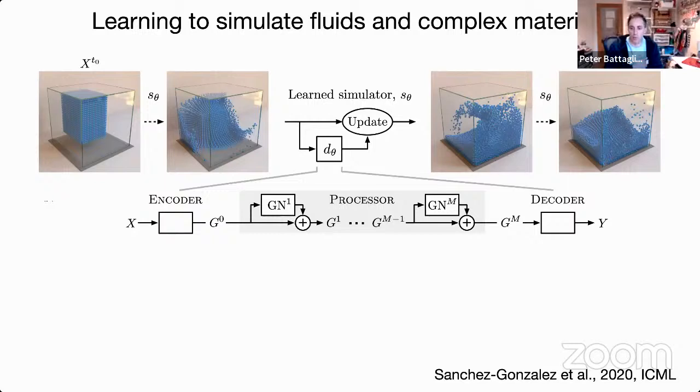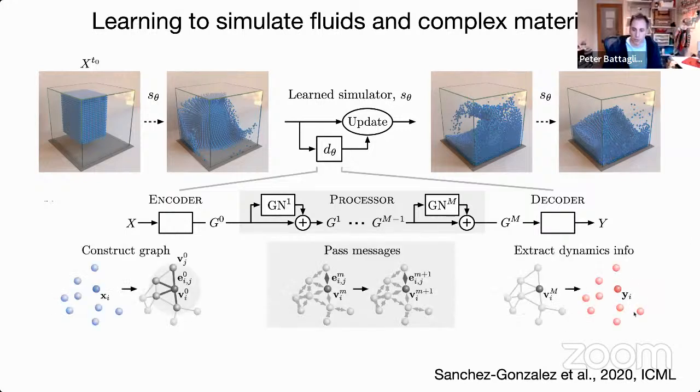So here's this encode-process-decode scheme that I described a few minutes ago. If X represents the input state of the particles, the encoder transforms the X, Y, Z positions and velocities into some high dimensional per node vector. On the bottom left, the blue represents the particle positions. The encoder projects the particles into some high dimensional representation.